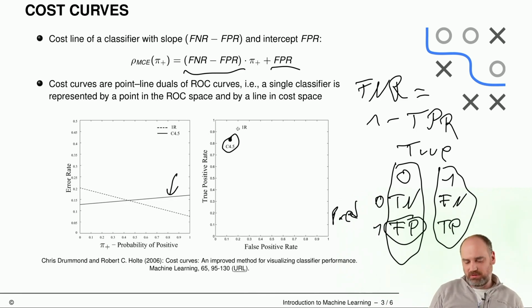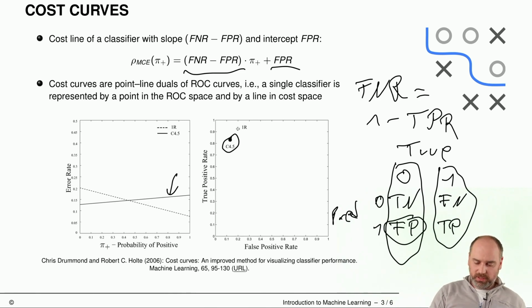You already know what FPR is because it's the intercept, so you do slope plus intercept, which gives you the false negative rate. And from the false negative rate, you can now compute the TPR. All of this is pretty trivial, so I don't have to go through it a lot.